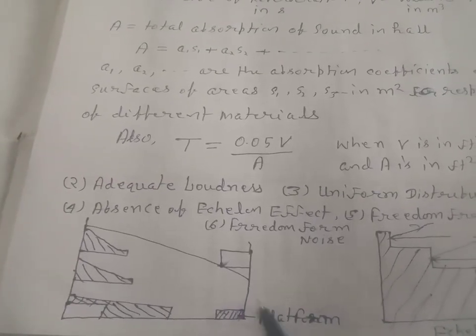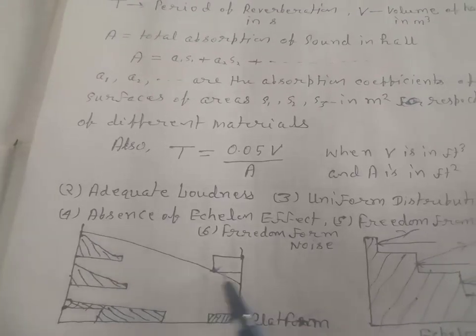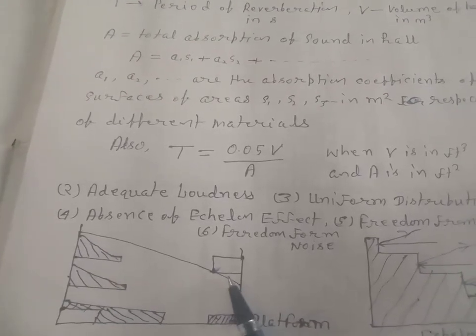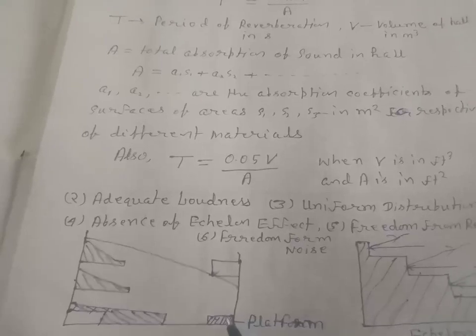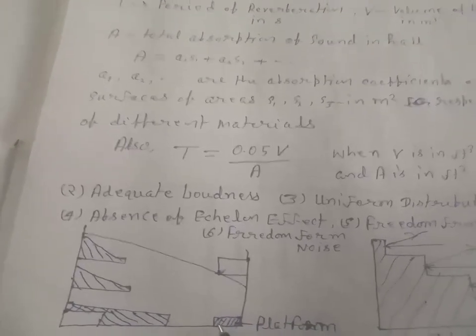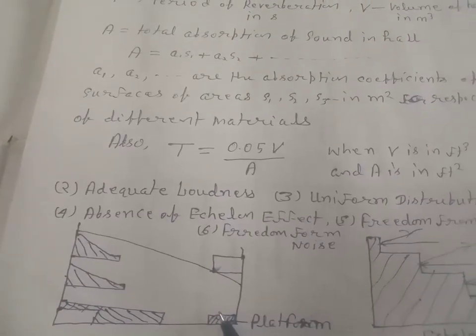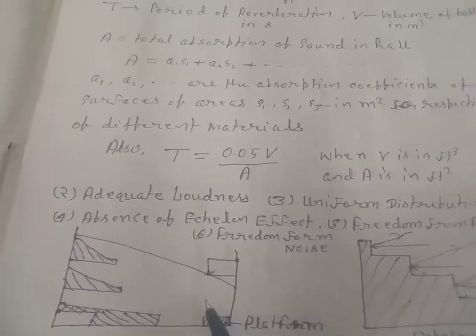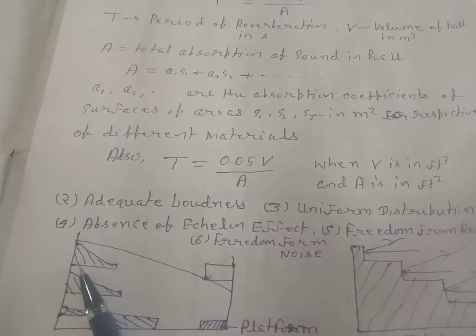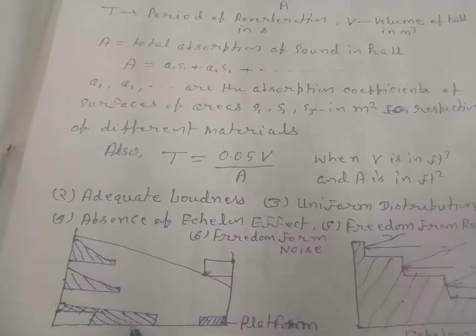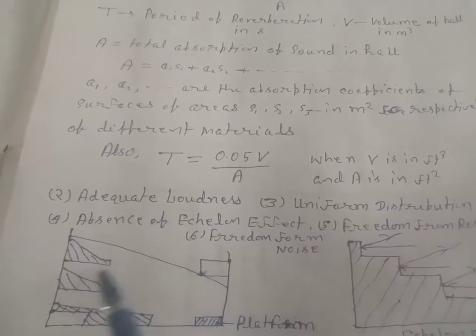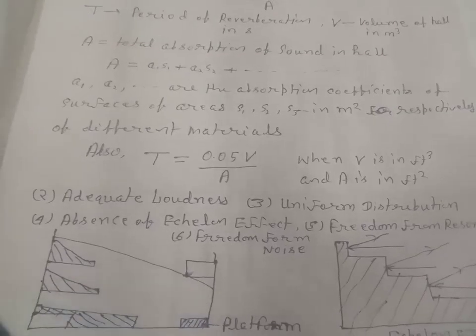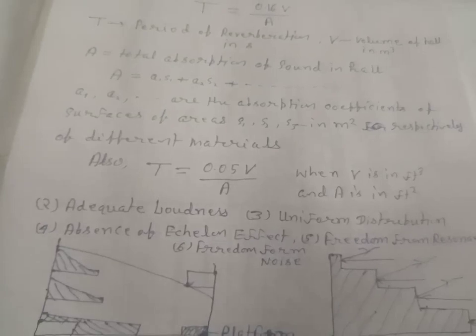This is the platform, this is the paraboloidal ceiling, and this is the platform where a singer performs or a speaker speaks, and this is the audience sitting place, so sound will reach everywhere uniformly like this.